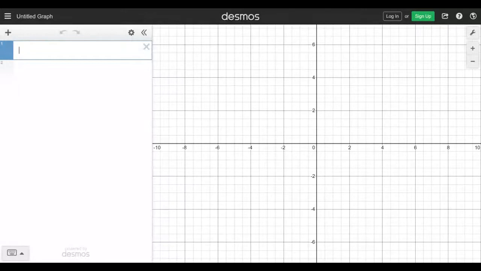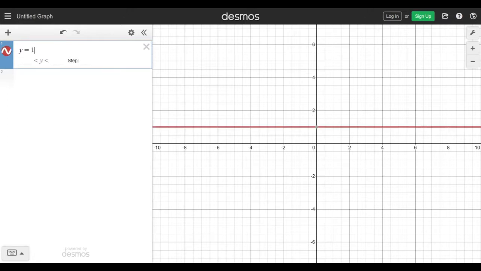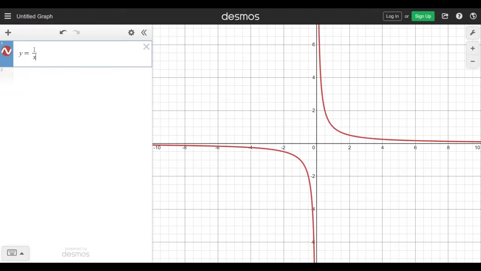Okay, so we are now in the graph, and then we can plug that in. y is equal to our f of x, 1 over x plus 1.